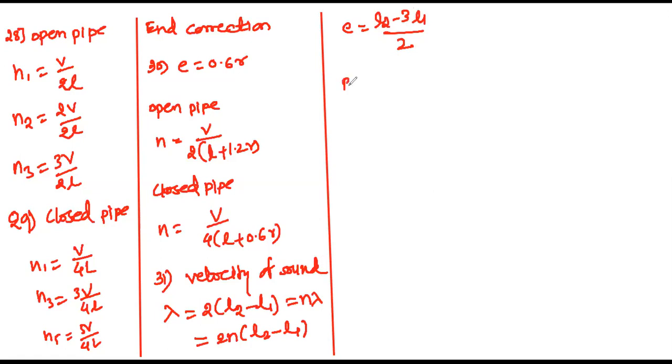Next, if you want, you can write for beats. What is the beats formula? Beat frequency delta n is equal to n1 minus n2. Time interval I have already given, you can note down.